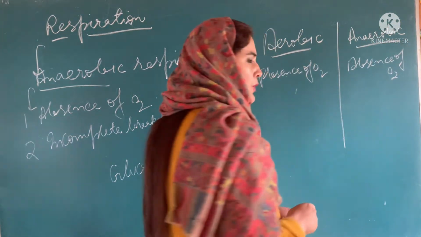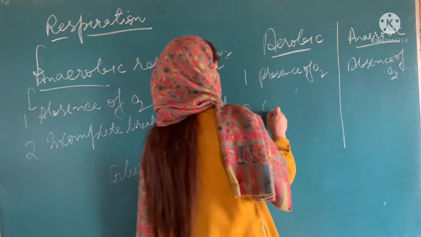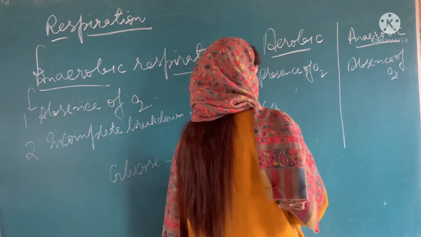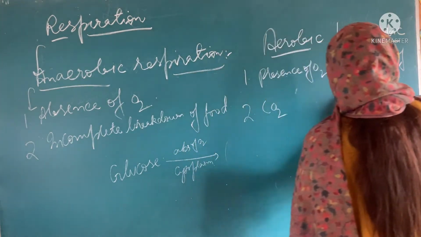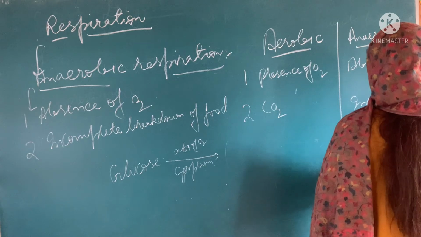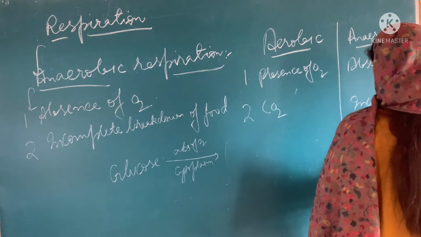Second point, in aerobic respiration food is completely broken down and CO2 is liberated. In anaerobic, food is incompletely broken down, and the end product we can write here is ethanol.